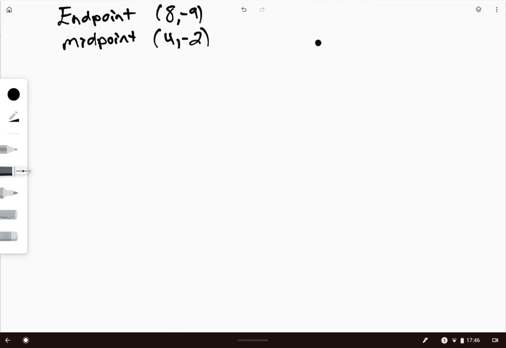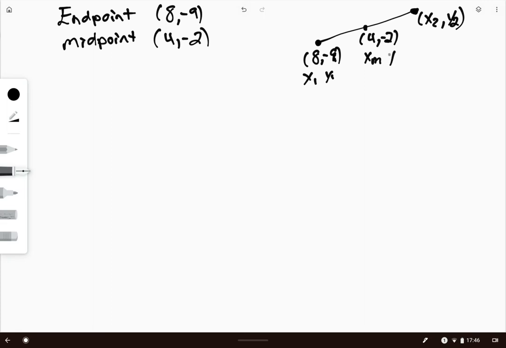For the sake of clarity, again, I'm going to sketch a line segment. And then my midpoint is here. If we go through and label everything, there's x1 and y1, I have xm, ym, and then x2 and y2.